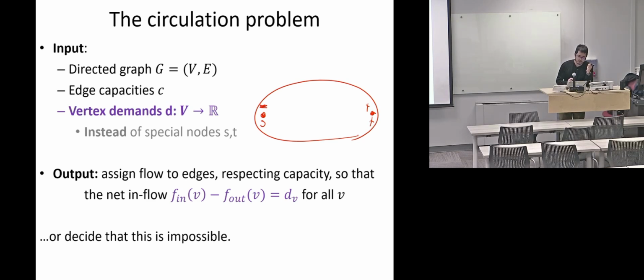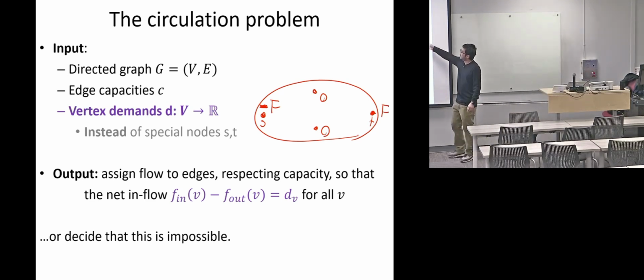You should see that this is more general than max flow, in the sense that if I set the demand of everyone to be 0, and ask if this can be minus F and this is F, then it's just asking if the max flow value is at least F or not.